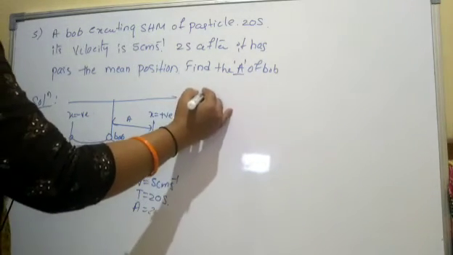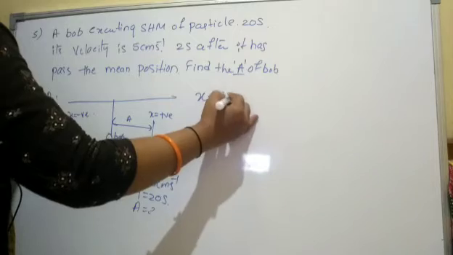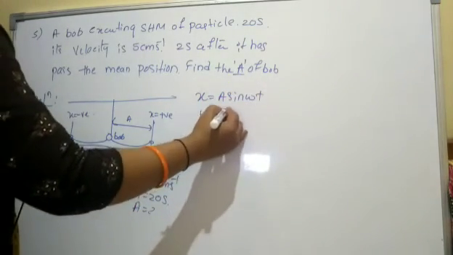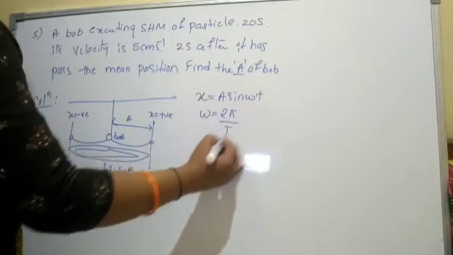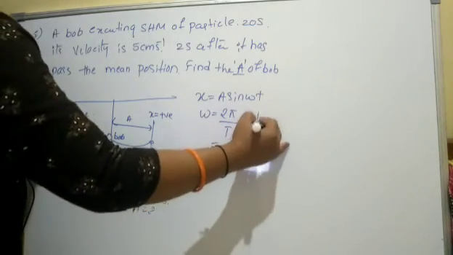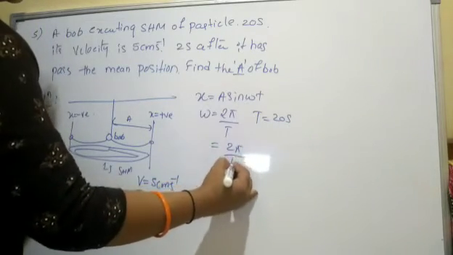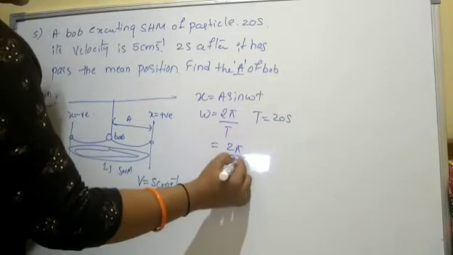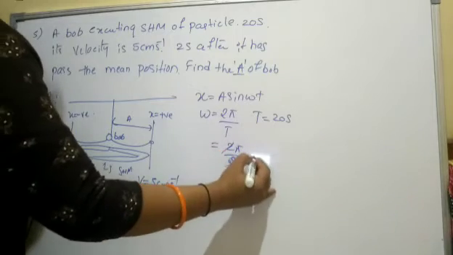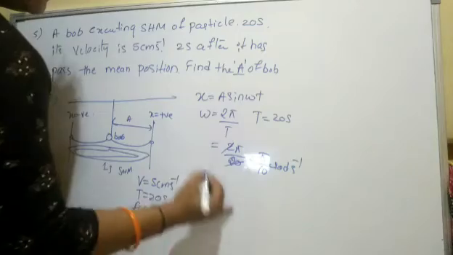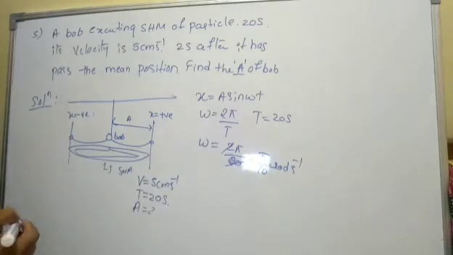We have x is equal to a sin omega t. Omega is equal to 2 pi by T, and T is already given as 20 seconds. So 2 pi by 20 gives pi by 10 radian per second. It is omega. We got the value here.